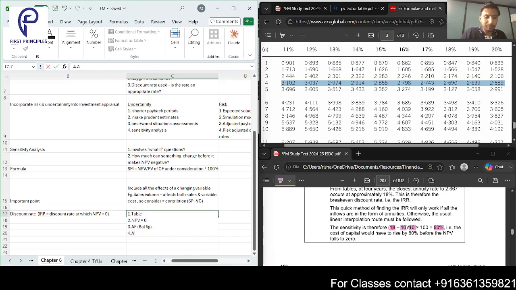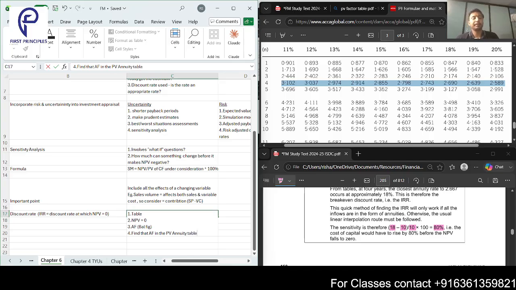Once you have found your annuity factor, you have to find that annuity factor in the present value annuity table.